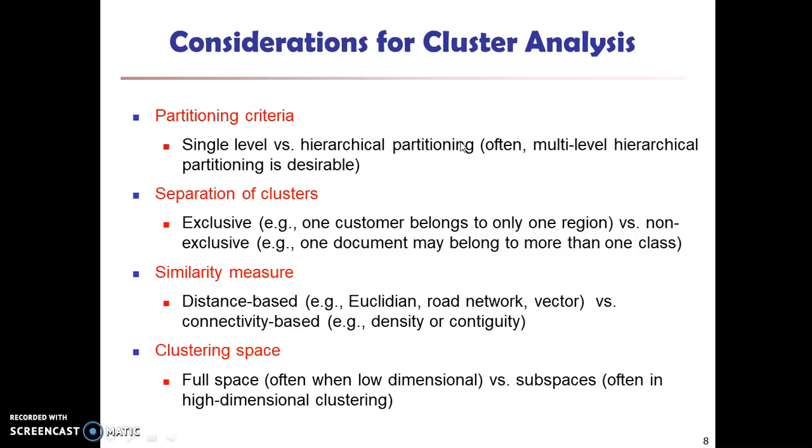And similarity measures, distance based and connectivity based. How can similarity be measured? One is distance based, another is connectivity based. In case of distance based, you have Euclidean distance, road network, vector. When you go for connectivity based, then you can consider density or contiguity.